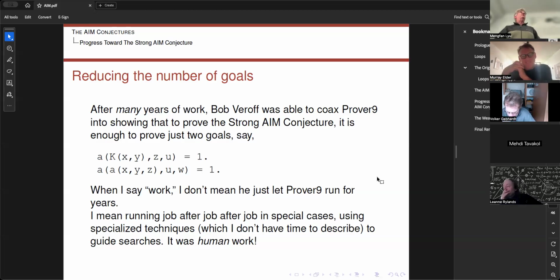Yeah, that's possible. I think in the case of that particular example, Bob Veroff was just trying to see what would happen if you simplified the goals by setting variables equal to each other. So he was just treating it as a formal check. And in that particular case, somewhat to my surprise, he actually got something.